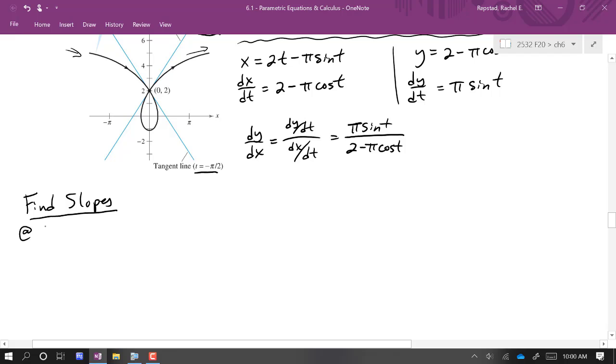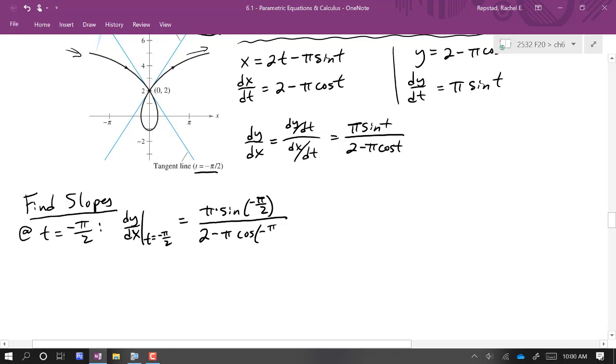So at minus pi over 2, dy/dx is pi times sine of minus pi over 2 over 2 minus pi cosine of minus pi over 2.